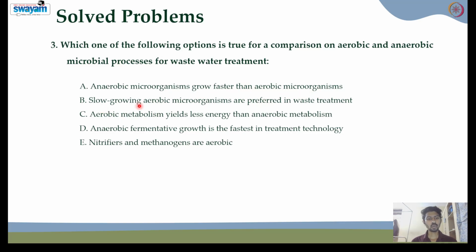Option B, slow growing aerobic microorganisms are preferred in waste treatment. Option C, aerobic metabolism yields less energy than anaerobic metabolism. Option D, the anaerobic fermentation growth is the fastest in treatment technology. Option E, nitrifiers and methanogens are aerobic. So which of these options is true for a comparison of aerobic and anaerobic microbial process, especially for wastewater treatment?